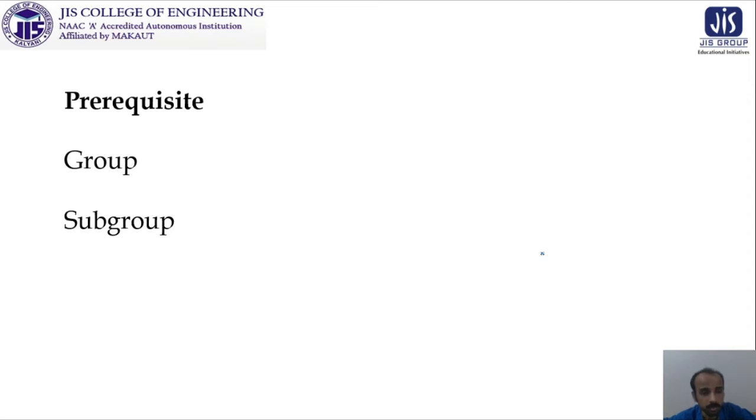Not only that, we need the connection between the subgroup and group with some specific properties which were discussed in the class on subgroups. Also, we need the properties related to some specific groups like the cyclic group and some others, which will be used here for example purposes. So let us proceed with the discussion of today's topic.